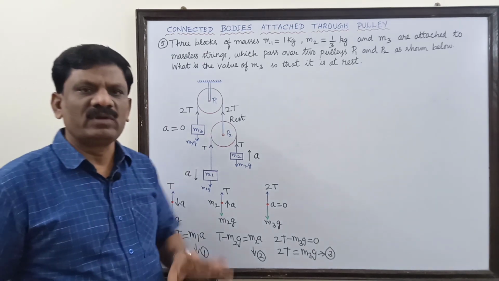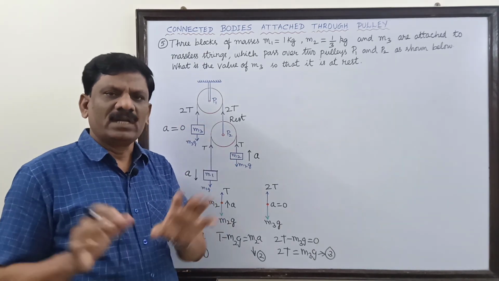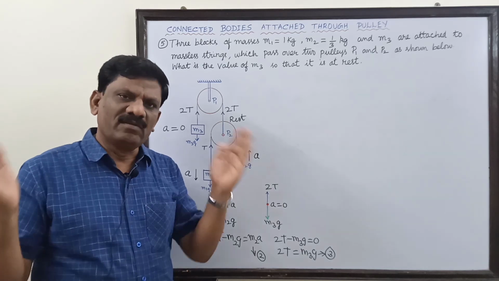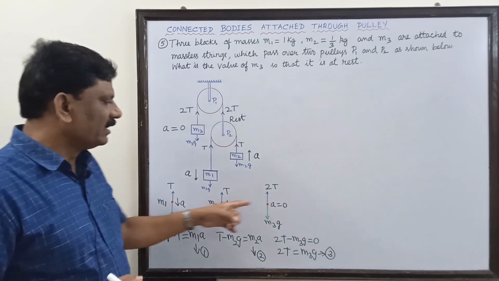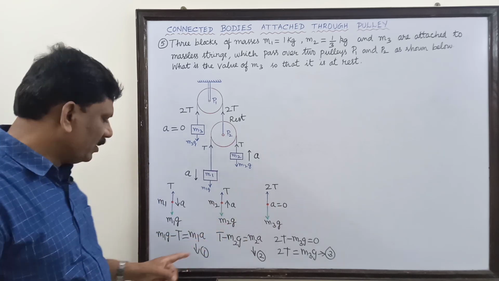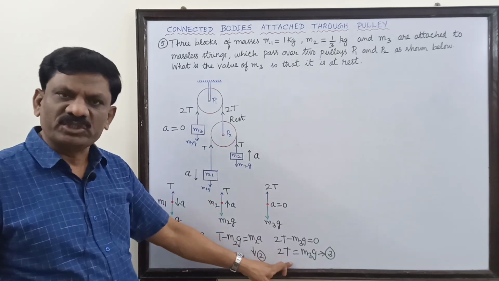So first we have to analyze the system, what are all the masses and what are all the forces acting on each mass by drawing the free body diagram, and you have to derive 3 equations of motion.